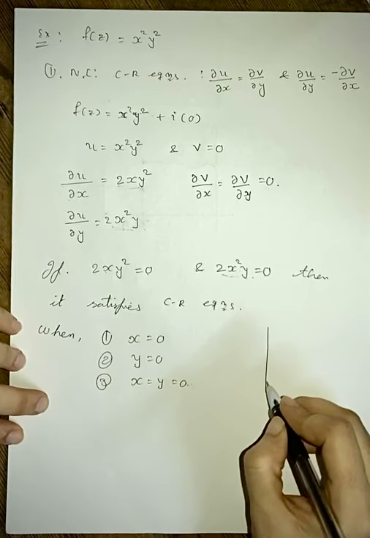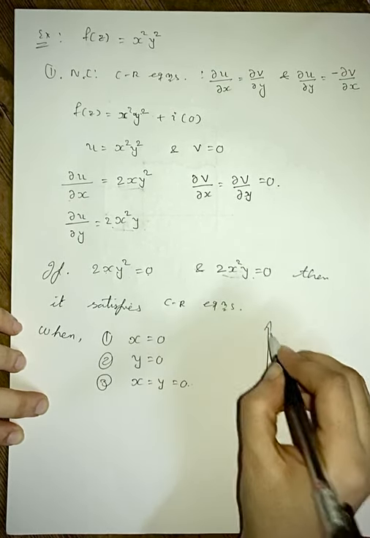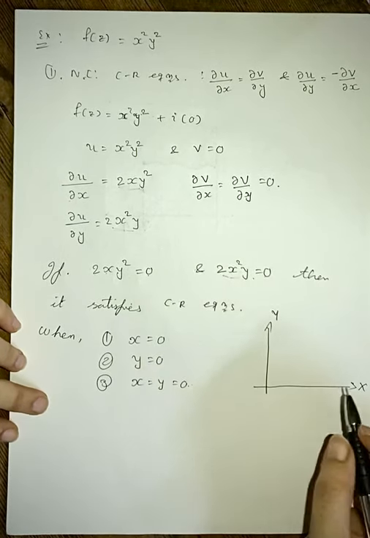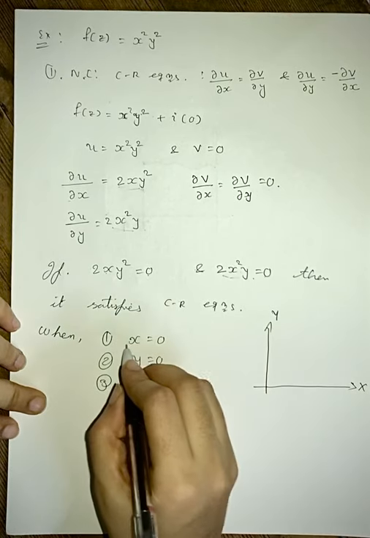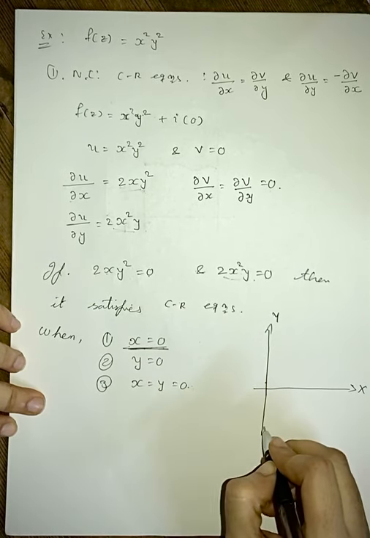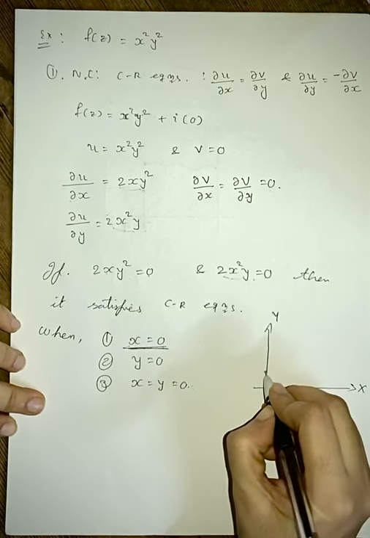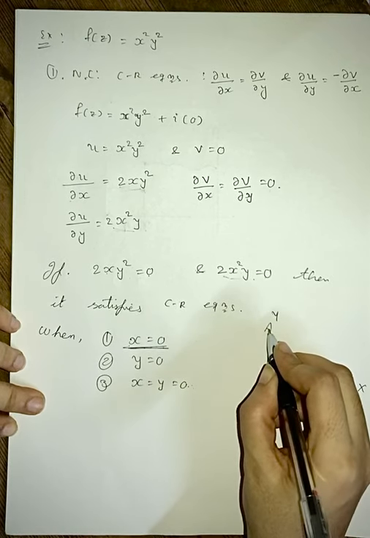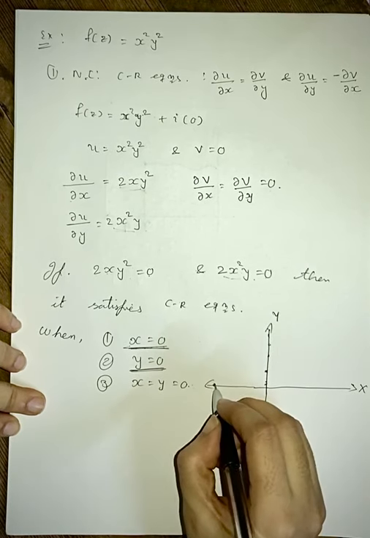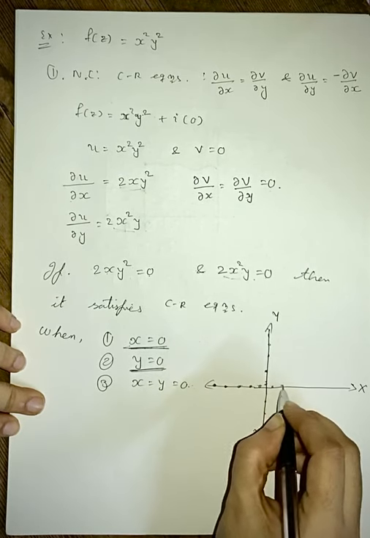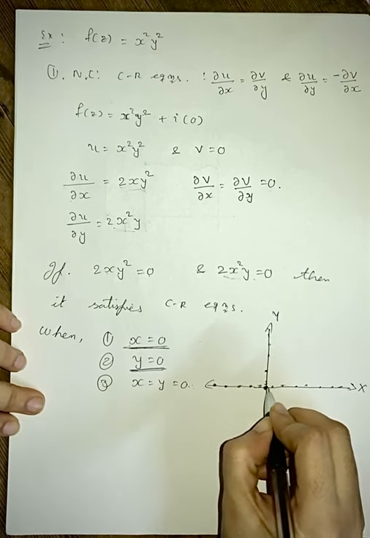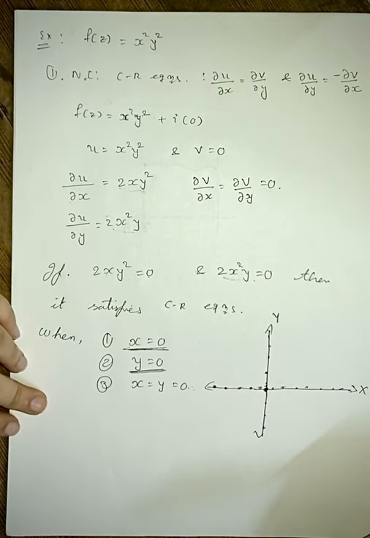Now let me draw all these three possibilities on the plot. This is my x and this is my y axis. When only x is 0, when will this happen, that x is equal to 0? X will be 0 at all the points on the y axis. Y equals 0, that will be true for all the points on the x-axis, and both are 0, that is only a single point, which is the origin.